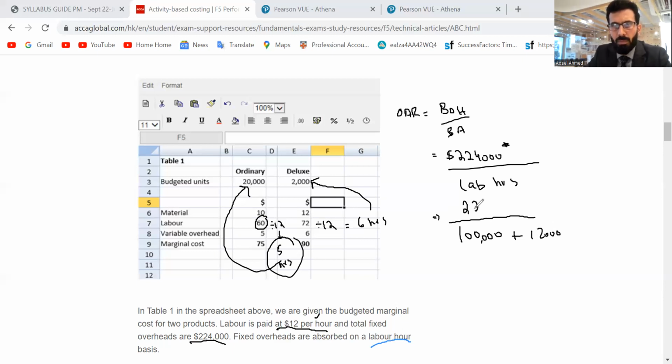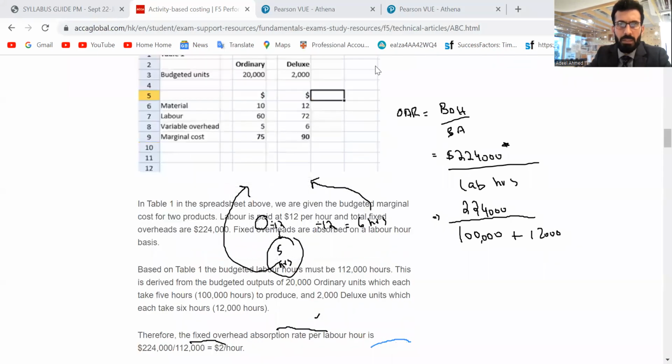So when we calculate the overhead absorption rate, it would be 224,000 divided by 112,000 in total. This gives an overhead absorption rate of, let me clear the screen.